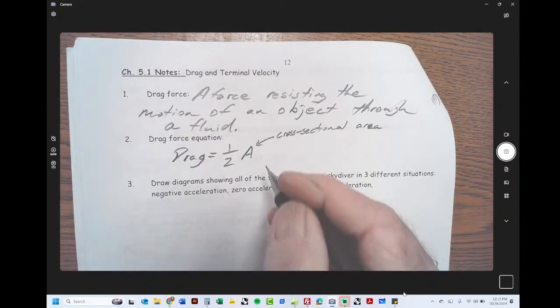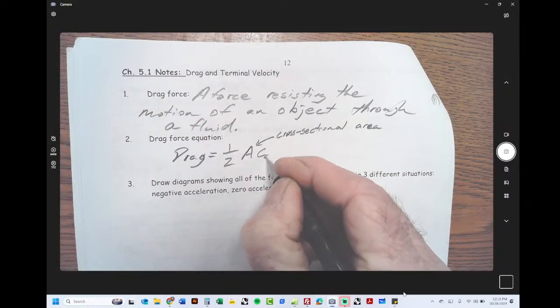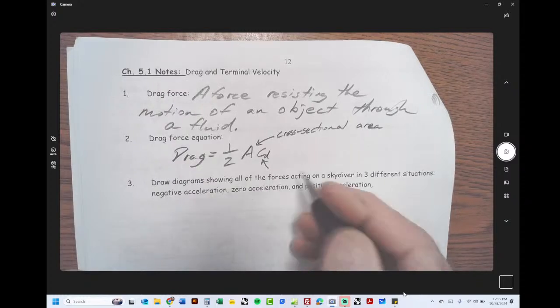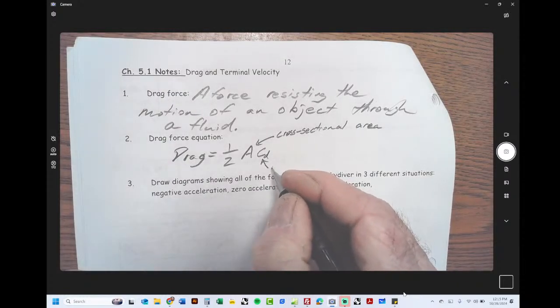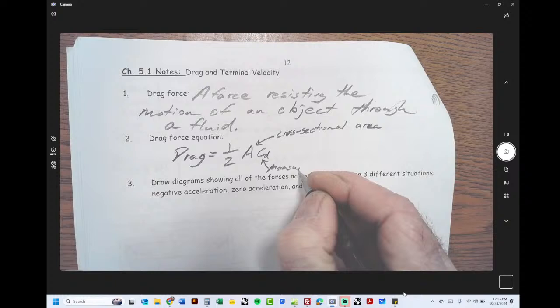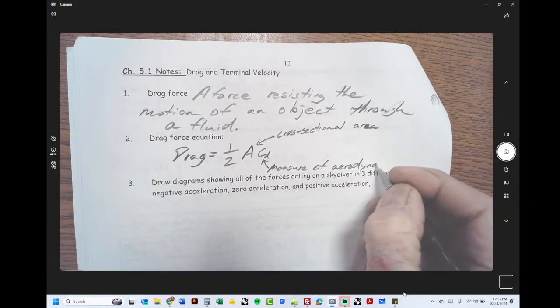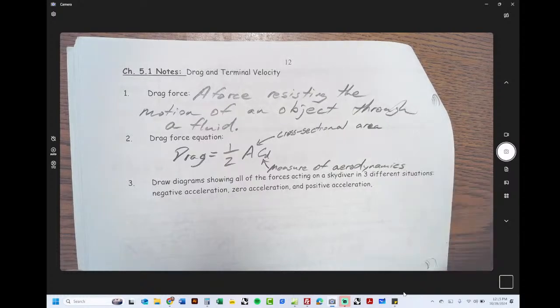All right, so moving on. Then there's this other one that's the coefficient of drag. This is a measure of aerodynamics. And the shape that I showed you earlier that has the lowest coefficient of drag is what?